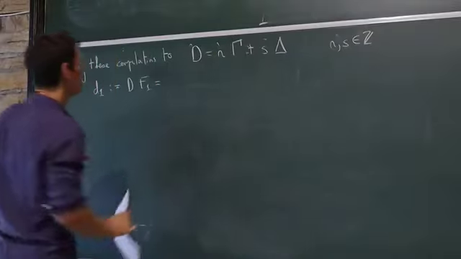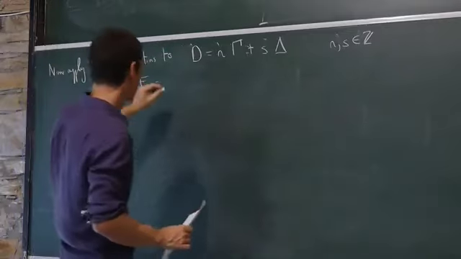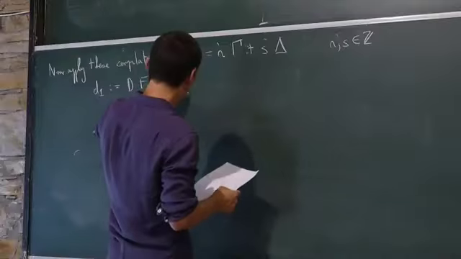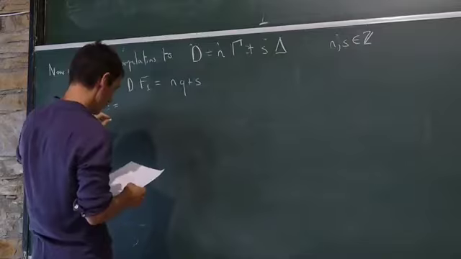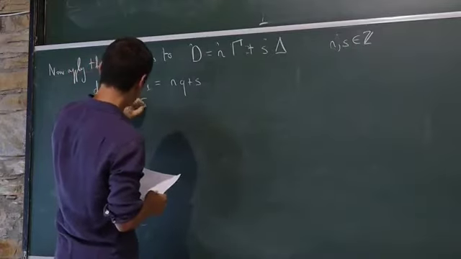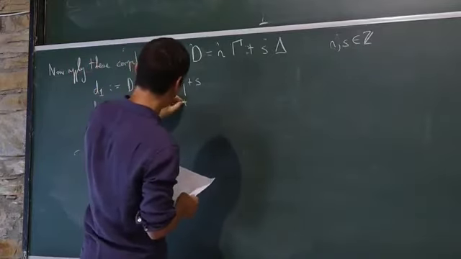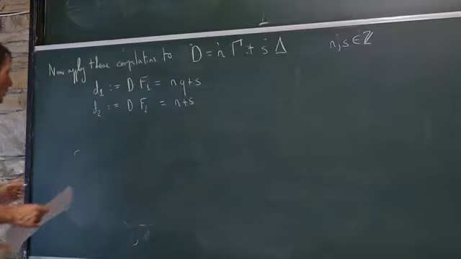With the computations we have done, it's going to be RQ plus S, and D2 is D times F2 by definition, and this is going to be R plus S.